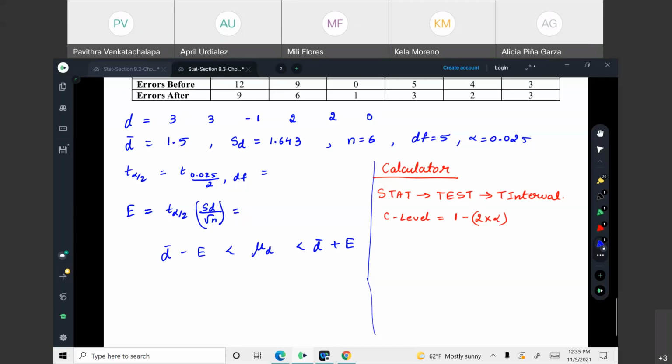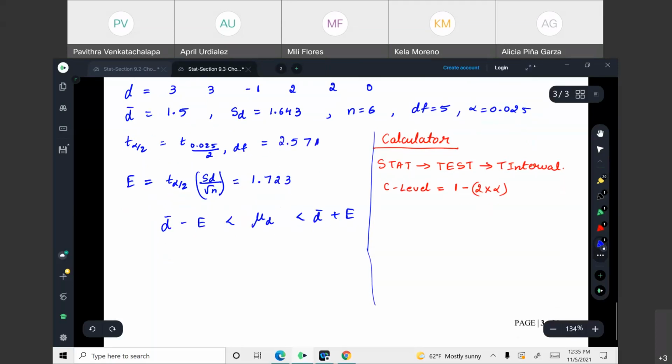Okay. So check if your answer is correct or not. Your t alpha by 2 must be 2.571 and E is going to be 1.723. You're just going to plug this in. So d bar is 1.5 minus 1.723 less than mu difference less than d bar 1.5 plus 1.723.